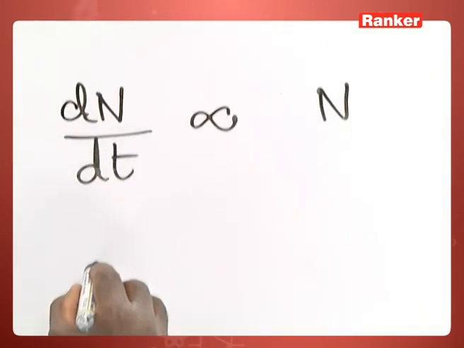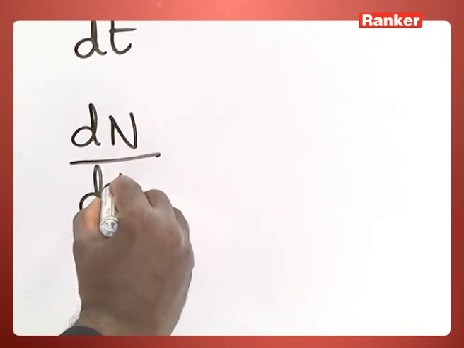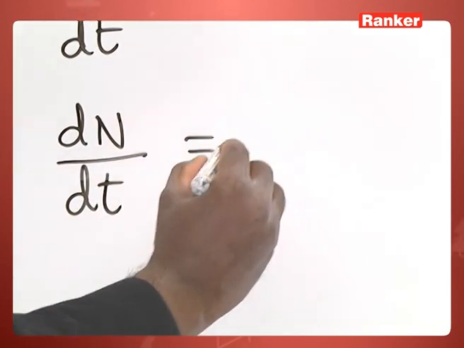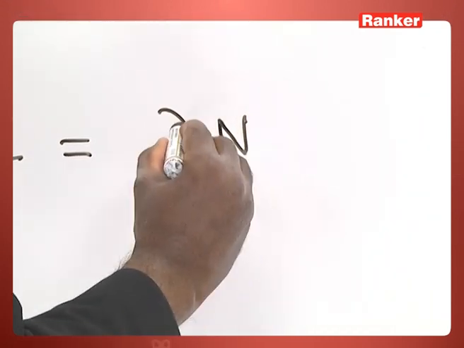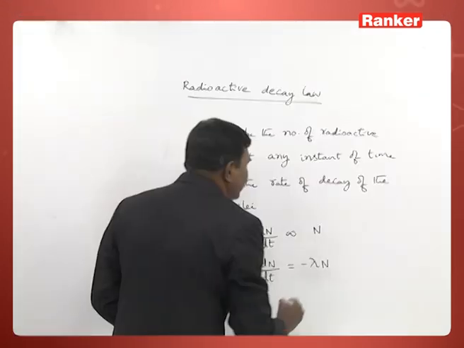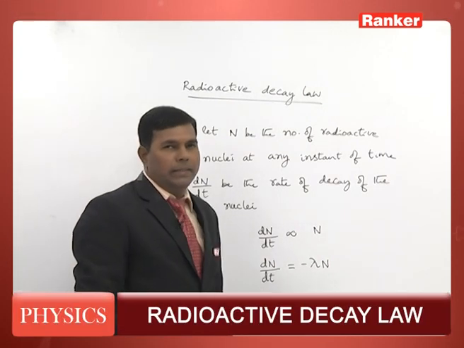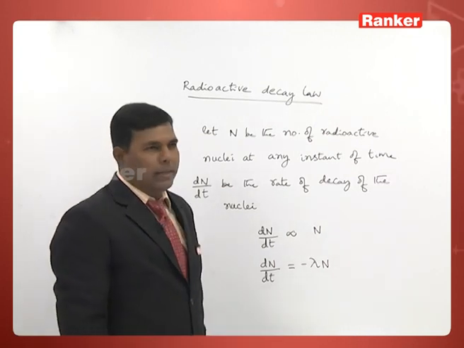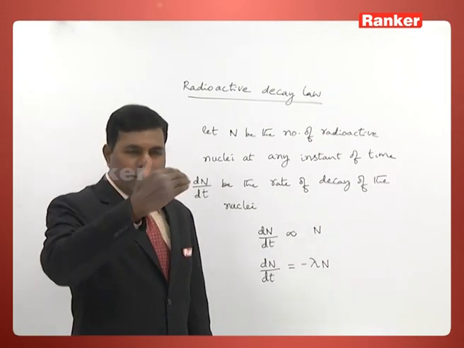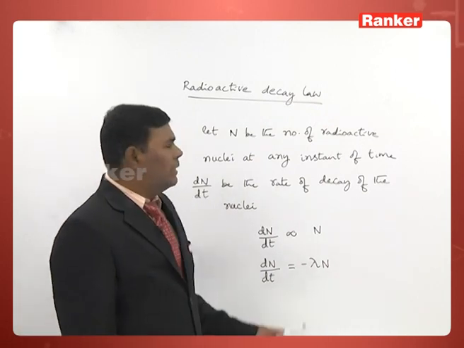If you replace the proportionality sign with an equality sign, we get a constant lambda, so it becomes lambda N. We also use a minus sign there. In this case, lambda stands for decay constant or disintegration constant. The negative sign is taken because as time passes, the number of initial nuclei will gradually decrease, which is represented by the negative sign.